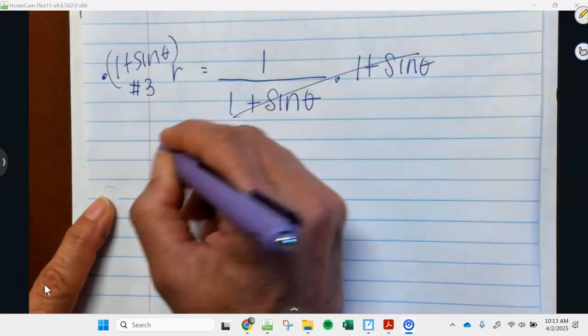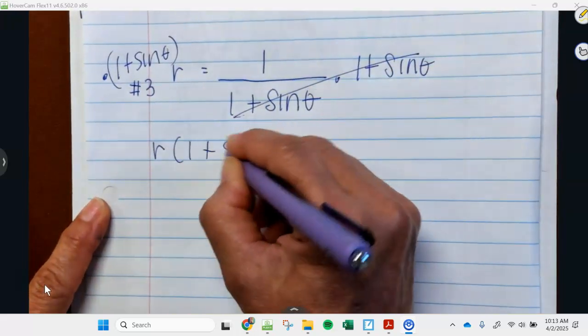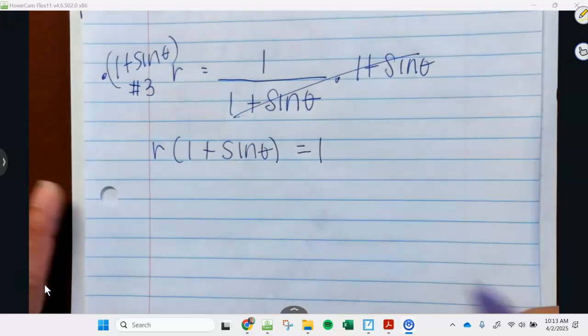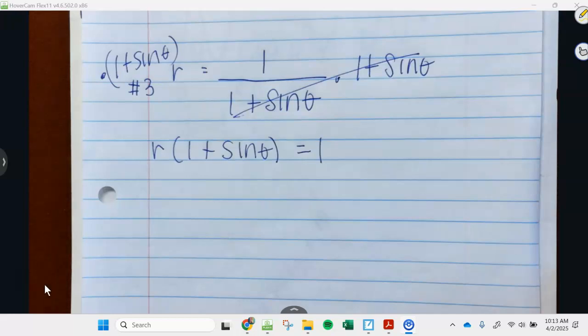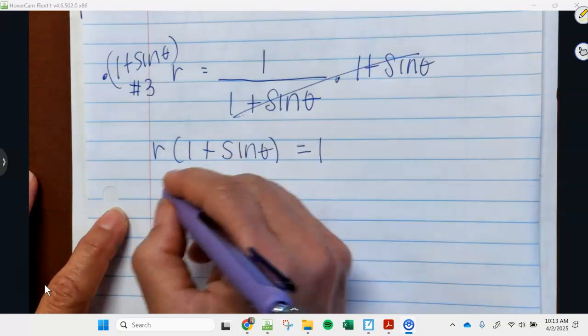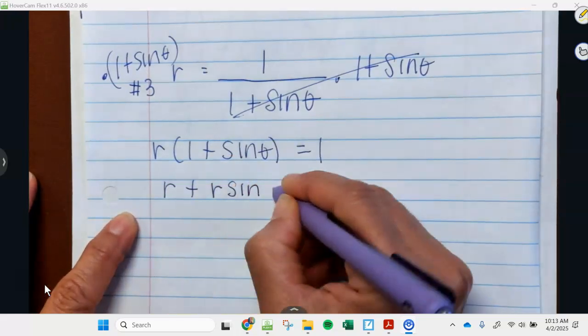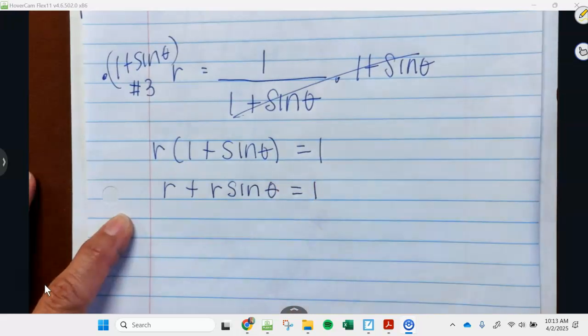These cancel out, but y'all check out what the left side looks like. You got to distribute that r on the left side. Whoa. So here's what I've got. R plus r sine theta equals 1.